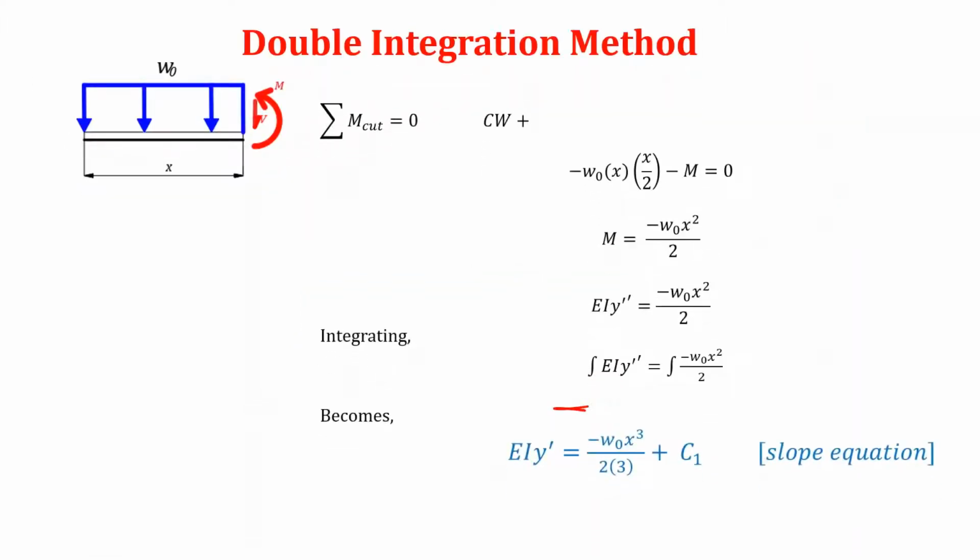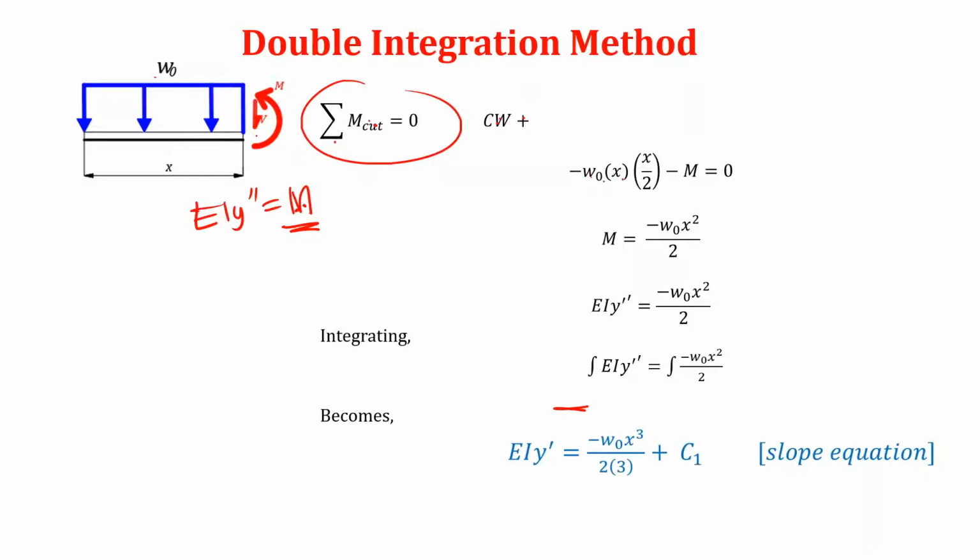Now, if we sum up moments at the cut, because we need the moment equation, since EI y double prime is the moment equation, we get it using the sum of moments about the cut, with clockwise as positive. The w0 about the cut is counterclockwise, so negative.